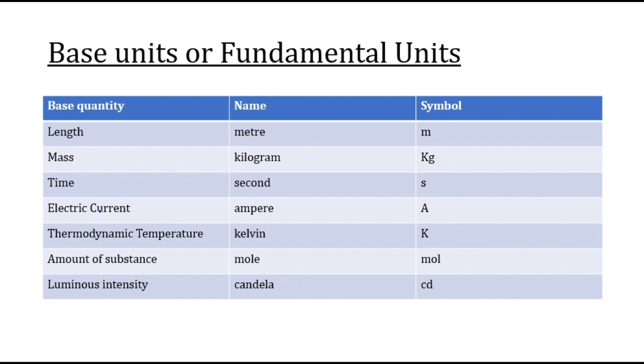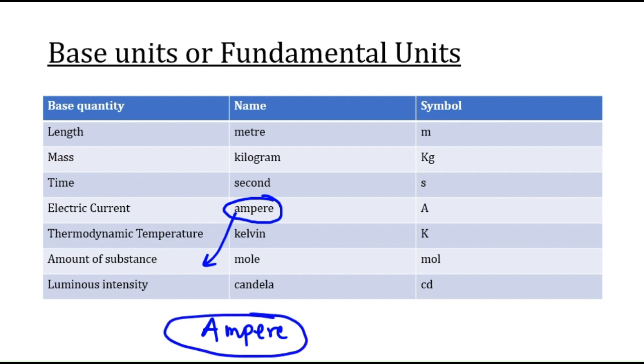And one thing should be very clear here. While writing the name of a unit, we have to be careful about the first letter, because here we are expressing electric current in terms of ampere. If we write Ampere with a capital letter, actually this would be the name of the scientist Ampere. So we have to be careful about this.